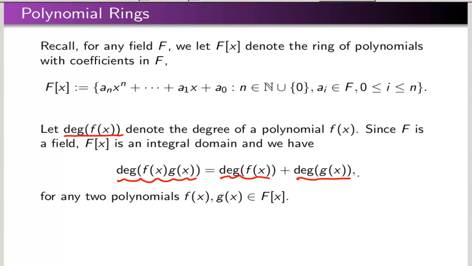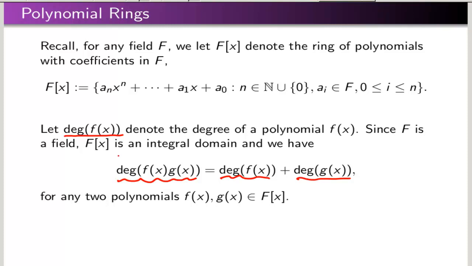You just look at the leading terms of f(x) and g(x), and when you multiply those two polynomials, the leading term of the product is just the product of the leading terms of f and g. Right?